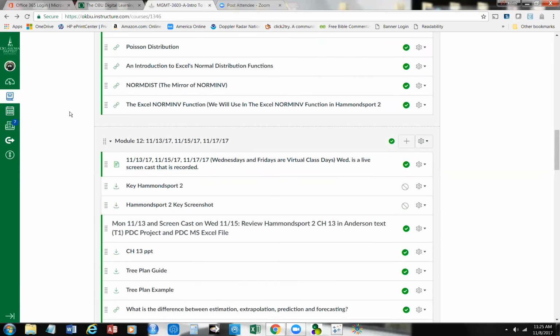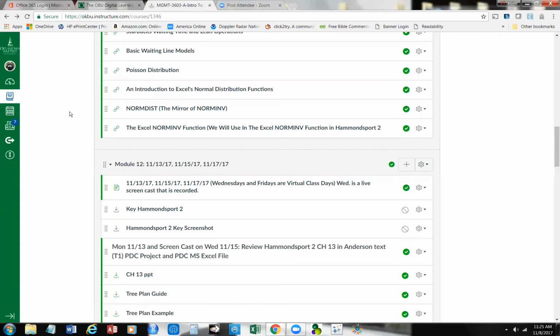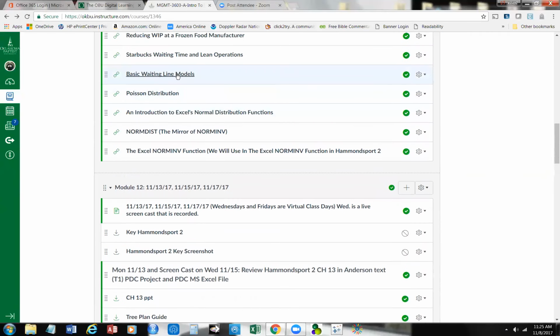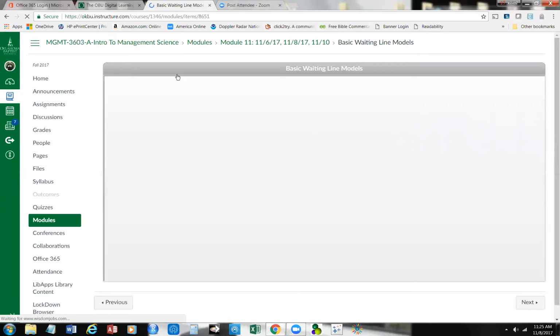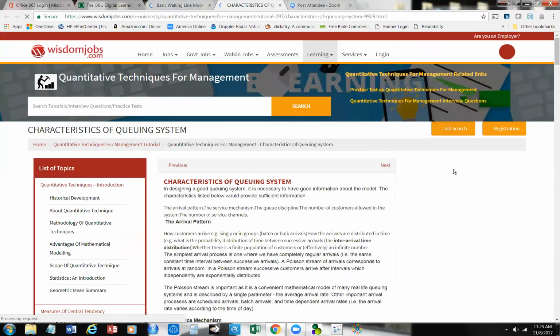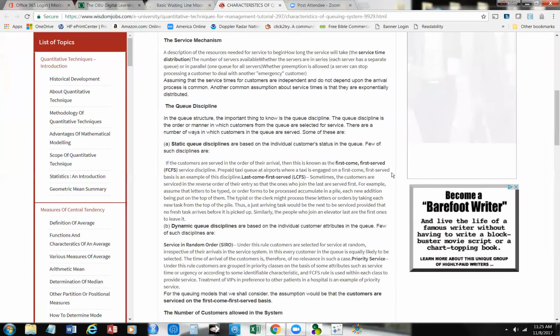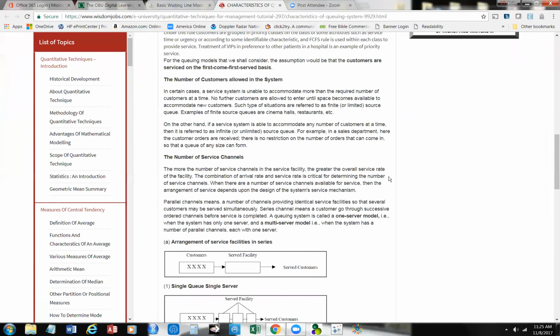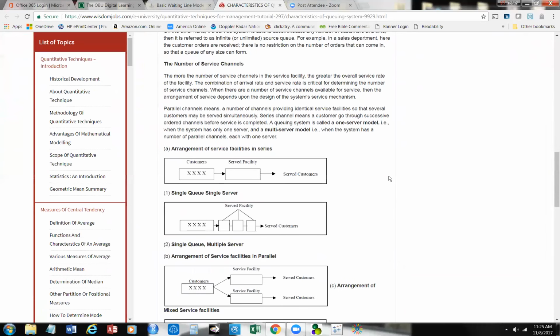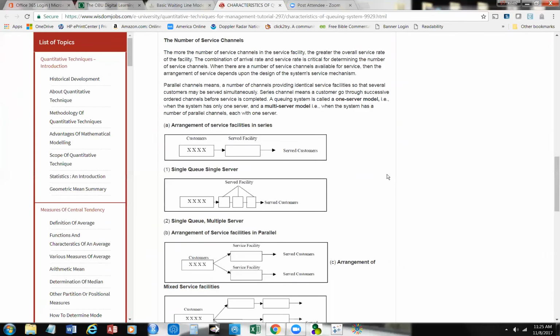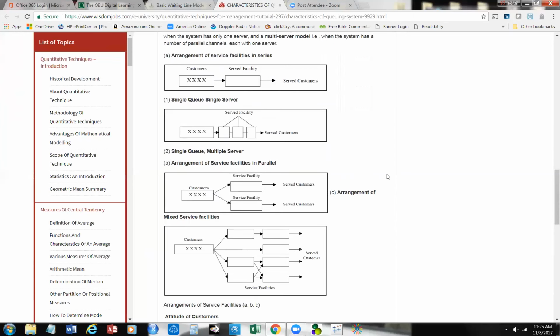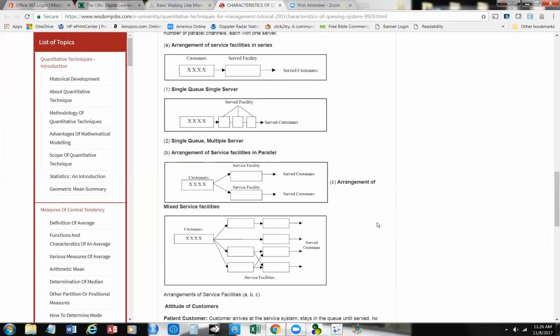Well, that being said, I want to also talk real quickly again, and just reiterate this business about different types of queuing systems and queuing models. There are some models based upon the arrangement of the service facility: single queue, multiple queue.